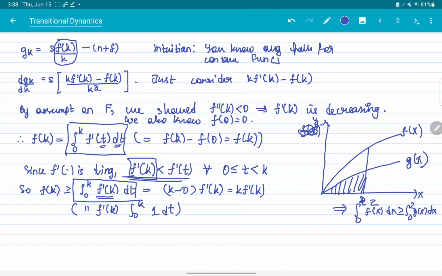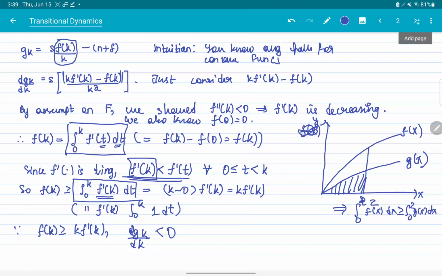Alright, okay. So, since f of k is greater than or equal to k f dash k, obviously dg(k) by dk becomes negative, because this numerator then becomes negative. So this is the rigorous proof for how growth rate in capital per worker falls as capital per worker rises.